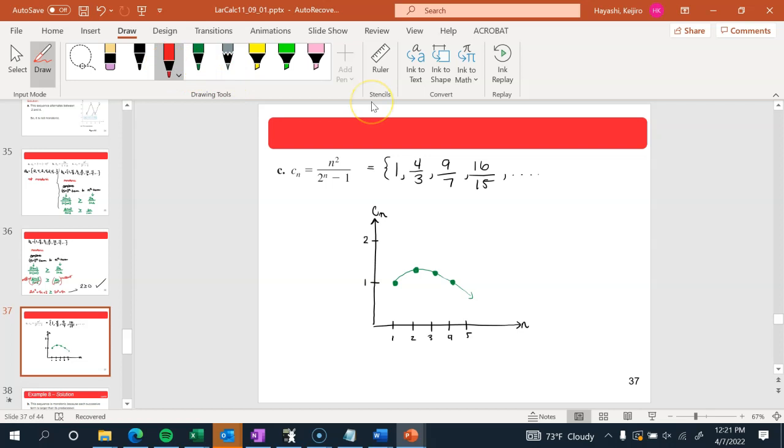So this is not monotonic. If you were, though, somehow able to cut out the first term from that, and just consider the second term onwards, that sequence without the first term would be monotonic because it would be only decreasing.